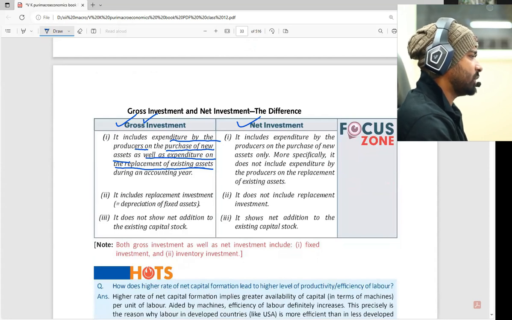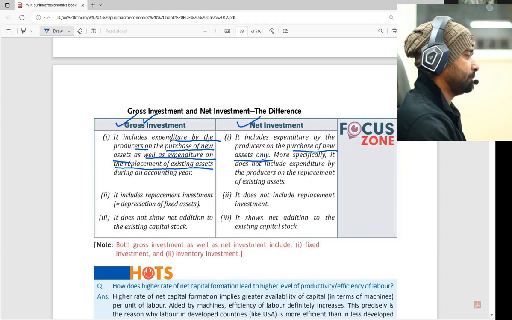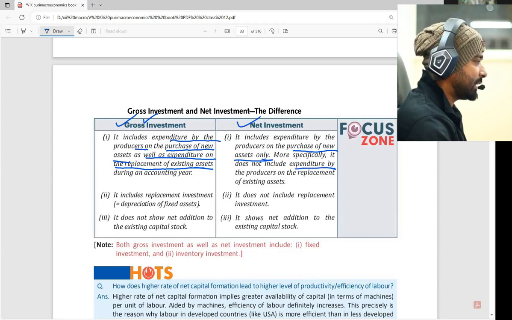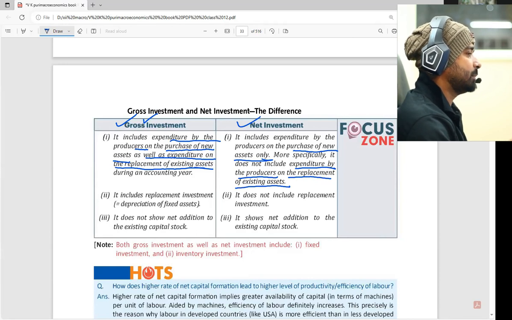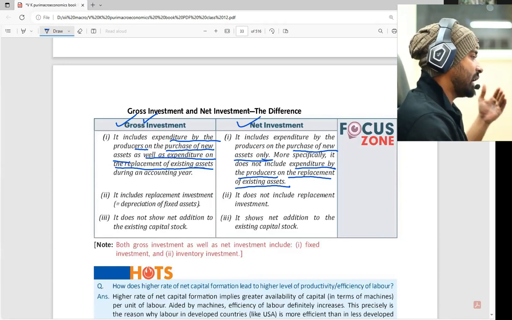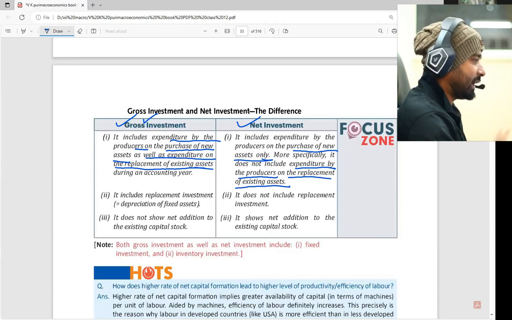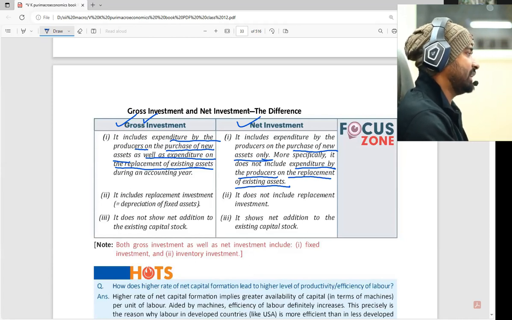Net investment is how much you purchased this year, that is, expenditure by the producer on the purchase of new assets only. The replacement of existing assets is not included: whatever replacement there was, those things I already condemned and left off, and the new ones we purchased are known as the net investment.